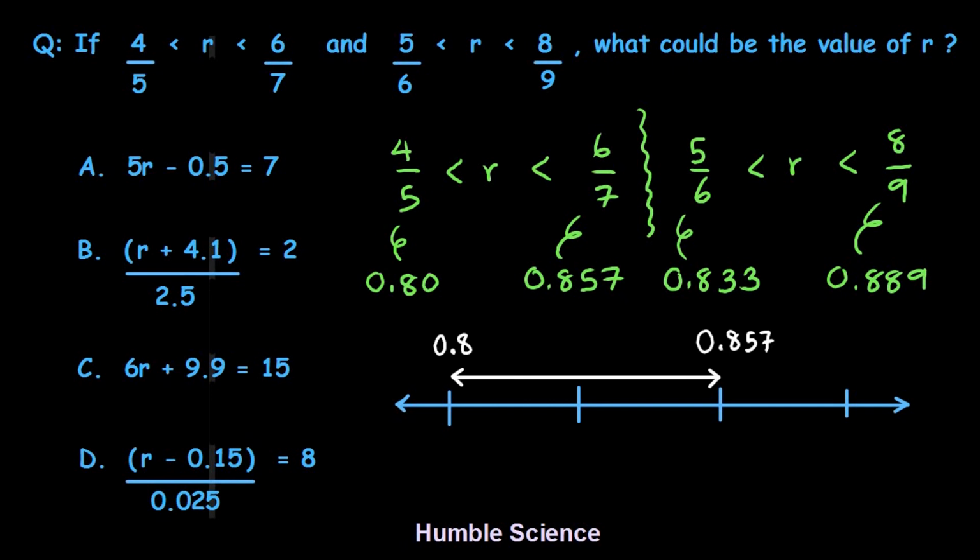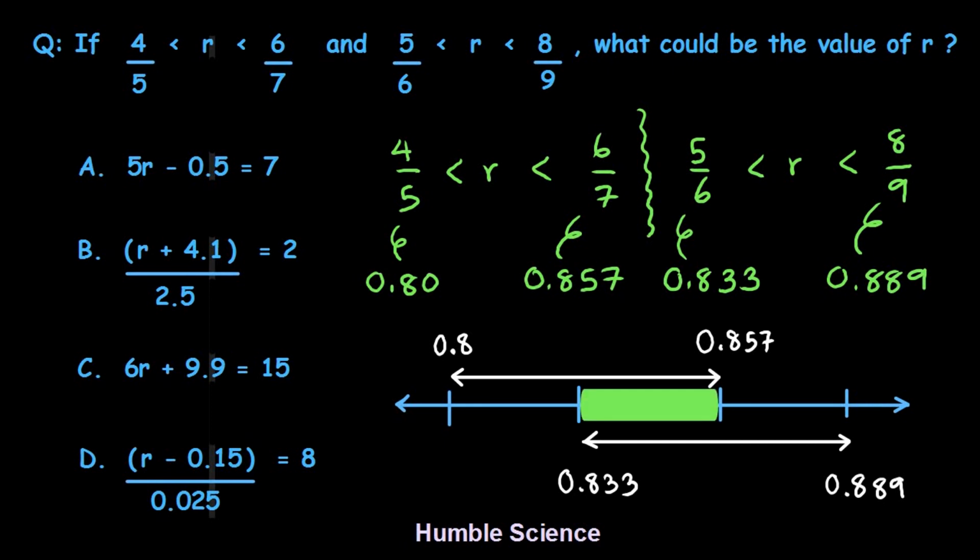For the first one, r is in between 0.80 and 0.857. And for the second one, r is in between 0.833 and 0.889. That means r must be in between 0.833 and 0.857, which is in the green area. And we can check these multiple choices to see which one gives the r value within that range.